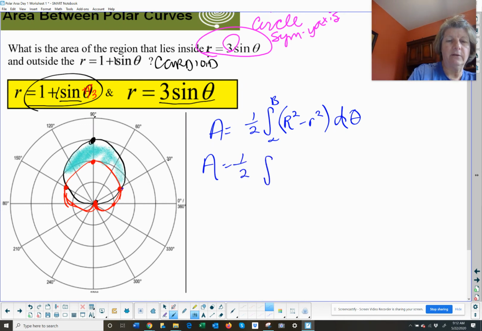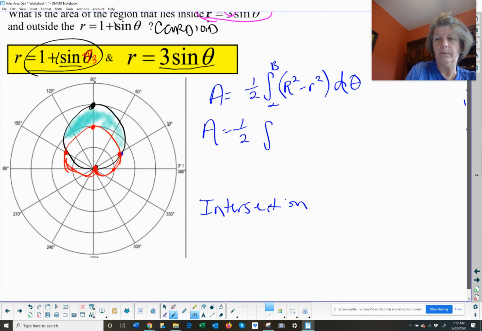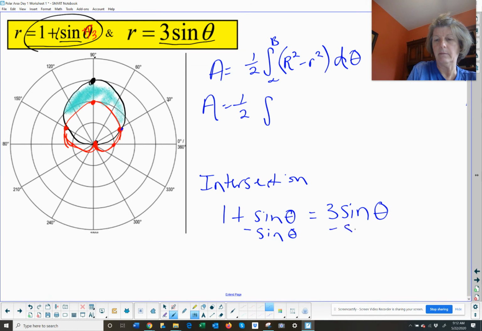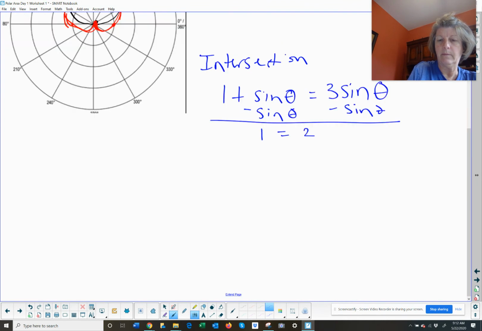We need to find that intersection point, and we actually did find it when we were plotting. But if you were uncertain, we can just do it like we would do for rectangular, the intersection. Set the equations equal to each other and just solve them. So I'm going to minus a sine theta. And obviously that's going to give us 2 sine theta. I'm going to divide by 2, so I get 1/2 equals sine theta.